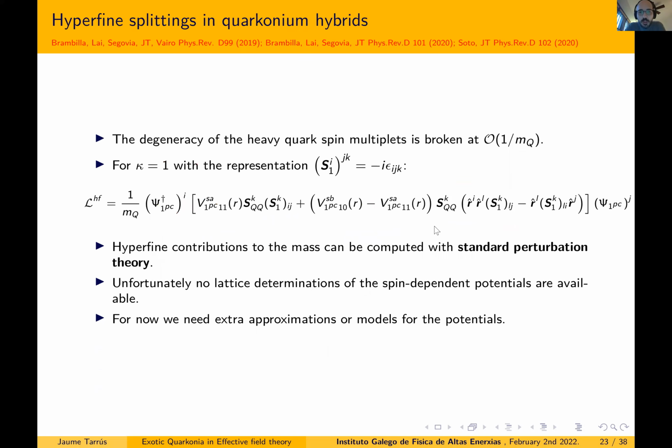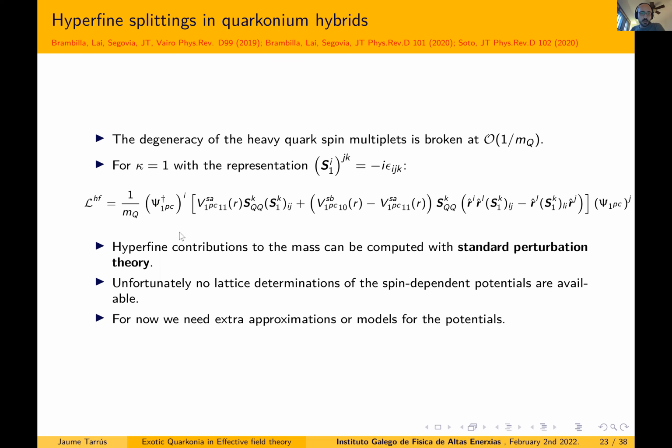The next step would be to introduce the spin-dependent corrections, the hyperfine corrections to the masses of the hybrids, coming from the operators that depend on the spin of the heavy quarks that I showed you before. For a gluonic operator with spin 1, there are some simplifications: there are only 2 operators instead of the number one would expect from the formula I showed you before.